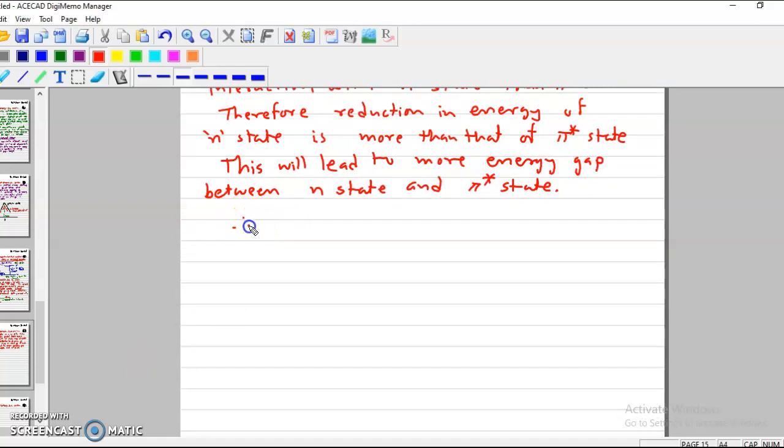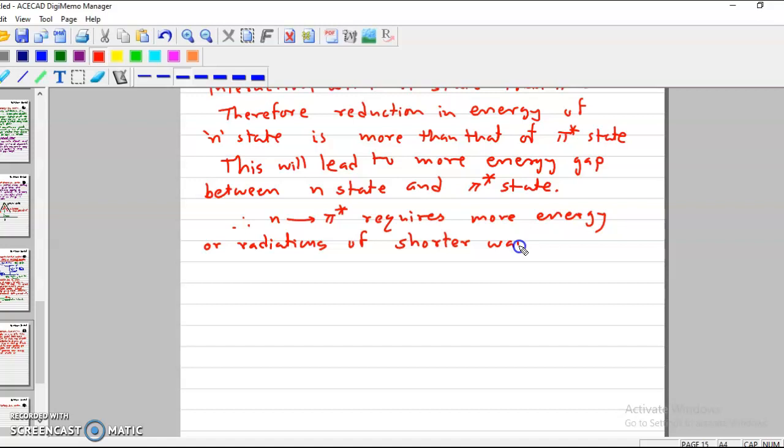Therefore, n to pi star requires more energy, or radiations of shorter wavelength. Why? Because delta E2 is greater than delta E1, or we can say lambda 2 is less than lambda 1.